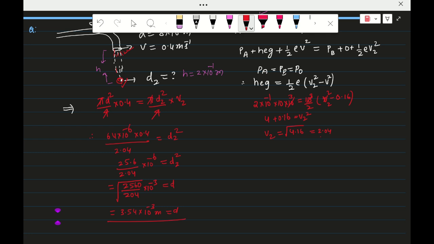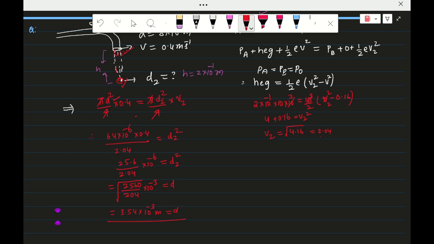Right? V2 is needed to find the D2 value. So to get the D2 diameter value, we know the D value here, but I don't know the D2 value. I want to find out the D2 value. Velocity is given at the highest point, the opening point. Then V2 I don't know.